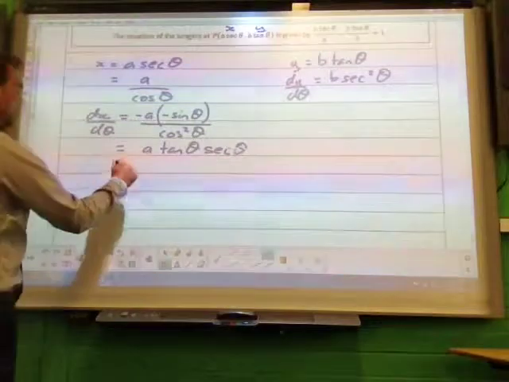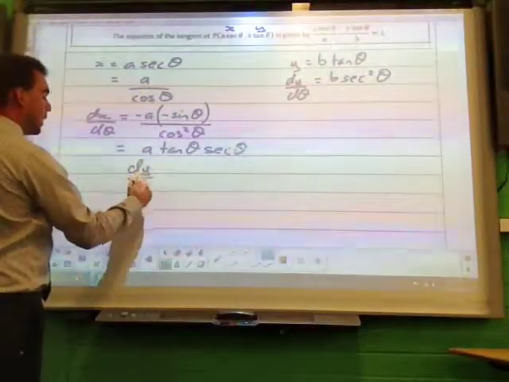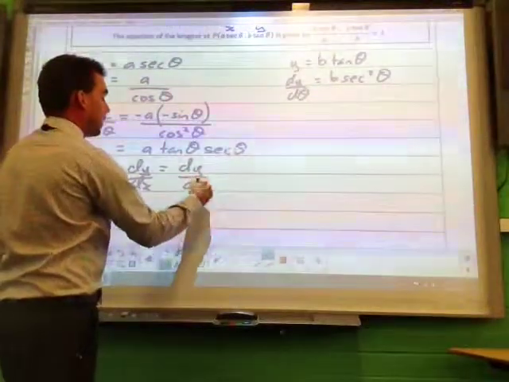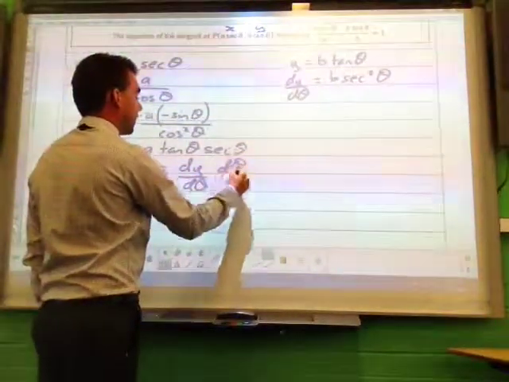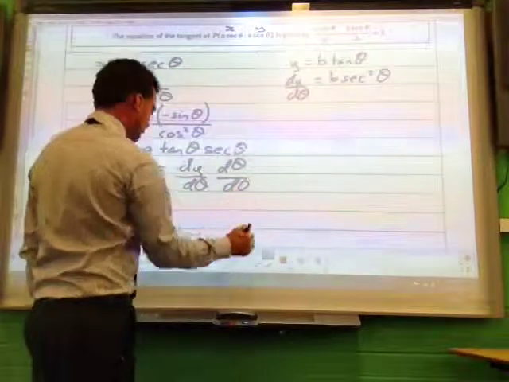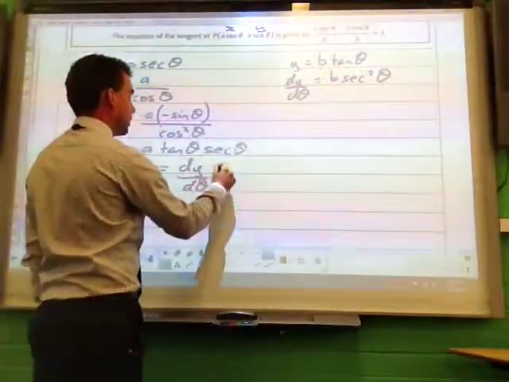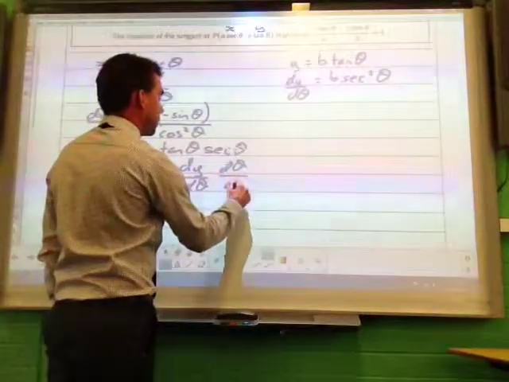Right, so we're showing the equation of the tangent is given by that formula there. So what I need is the dy dx, and I'll achieve that by doing dy over d theta times d theta over dx.